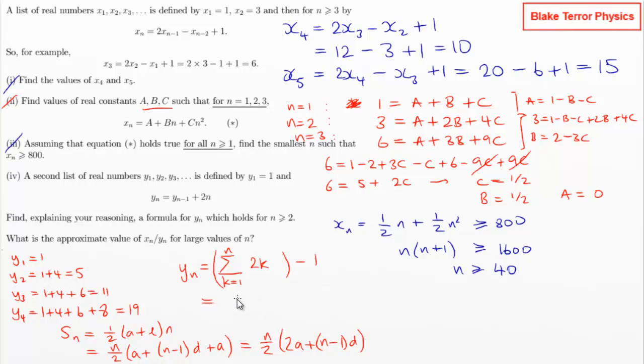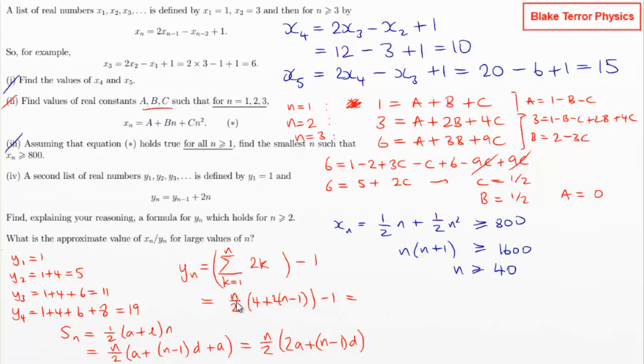So this is going to be equal to n over 2, then multiplied by, so 2a is 4, plus n minus 1 times 2, and then I need to take 1 off at the end. So what have I got on all of this then?